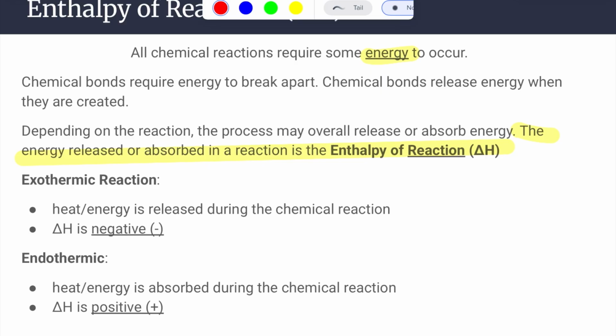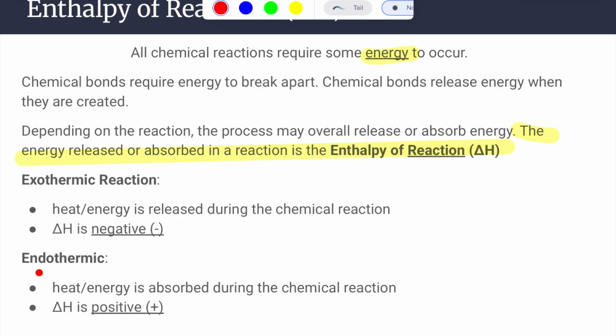If it's an exothermic reaction, because energy is being released, our delta H is going to be negative because we are going to have kind of that loss of energy throughout the process.